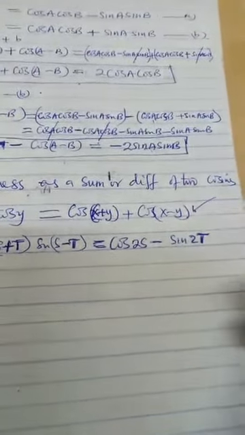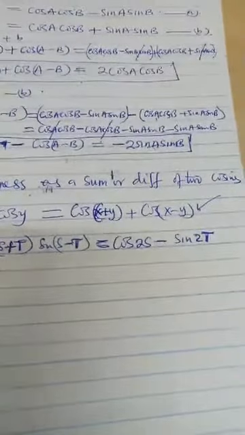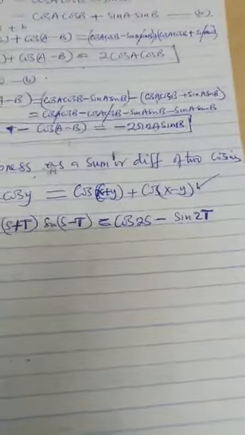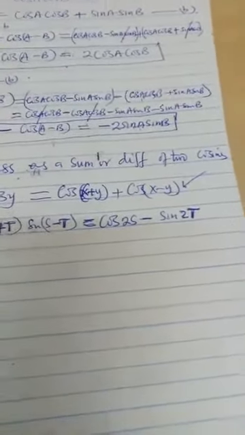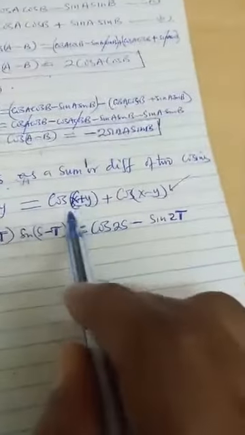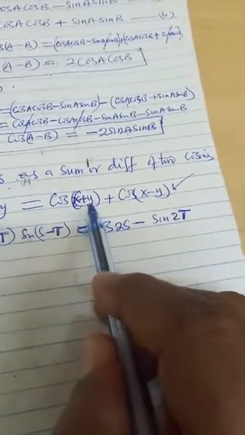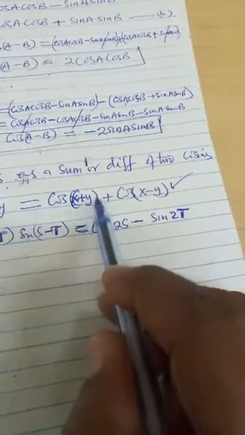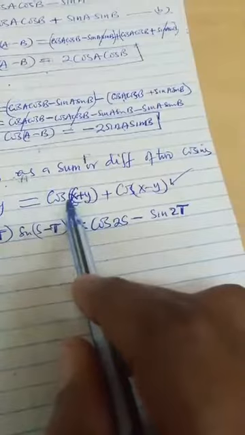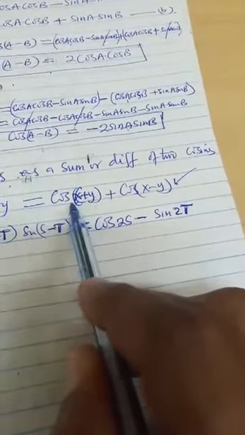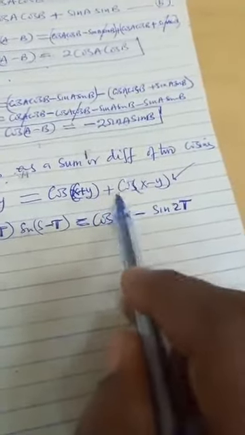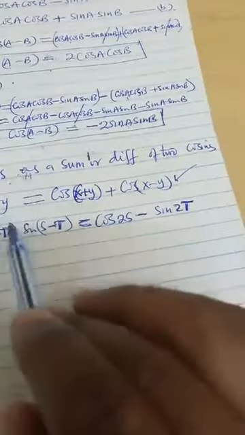We will find out why I'm saying it is like that. If it is single, we make it half. If I say this, it is when I will get cos x cos y minus sin x sin y plus cos x cos y, which will give us the 2 cos x cos y, and the other one will go away.